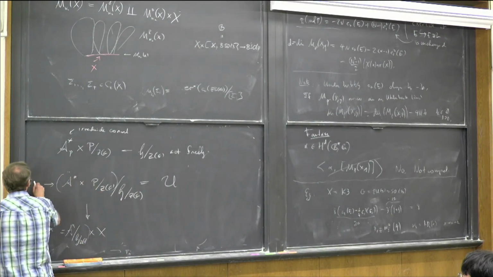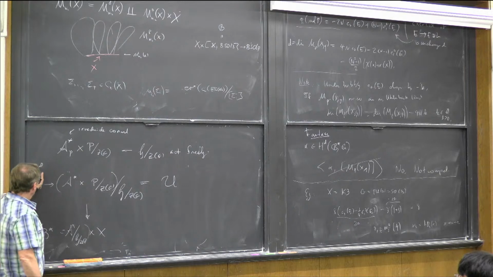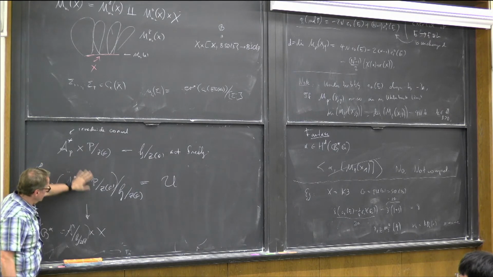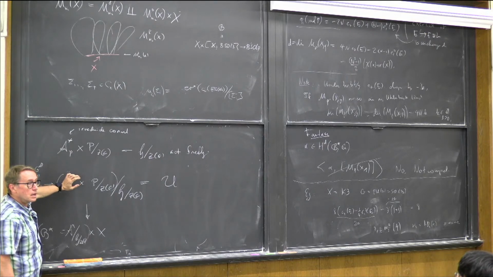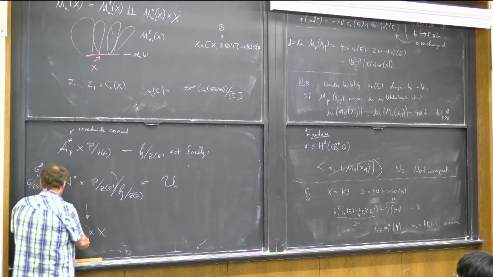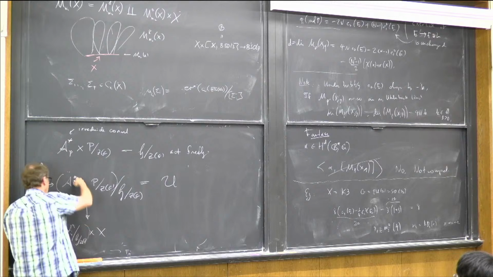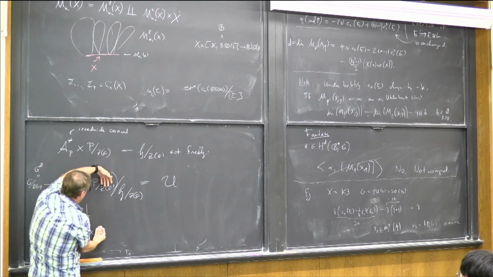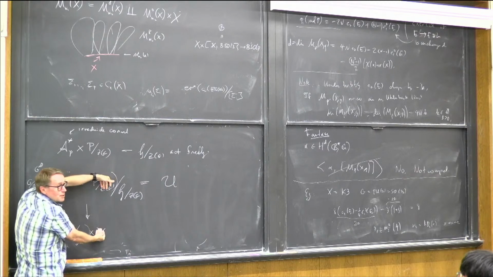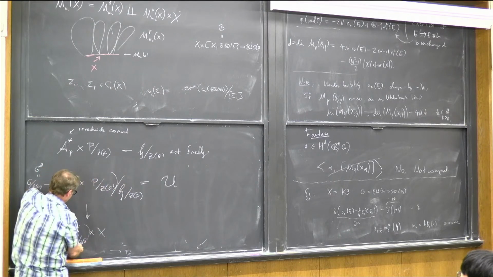G mod ZG. So the fiber is G mod ZG, or the adjoint form of the group. So this is an honest principal bundle, the fiber of this map. If I forgot about this, the fiber would be trivial, because I'm just taking this thing mod that, mapping it to this thing mod that.